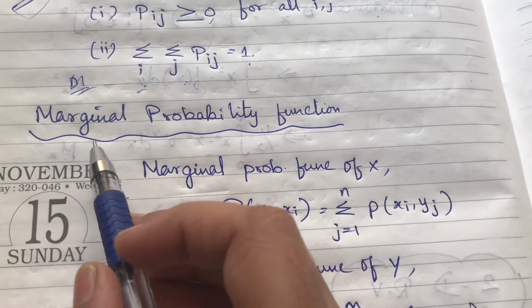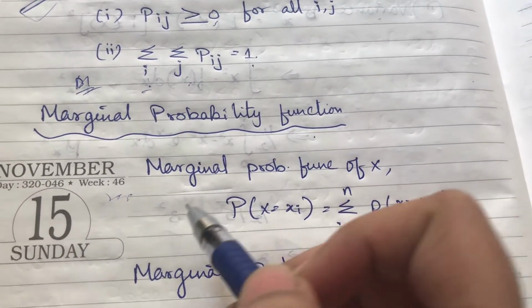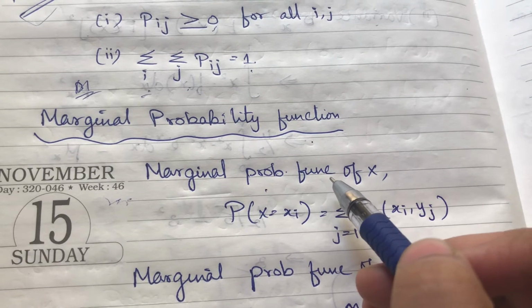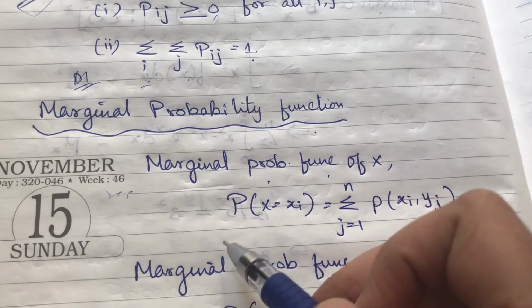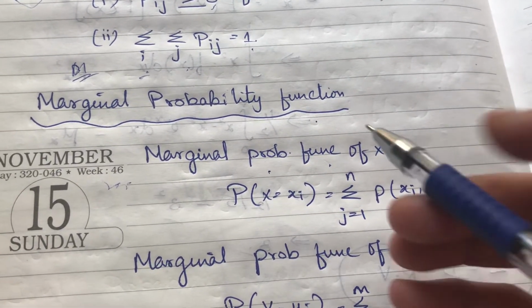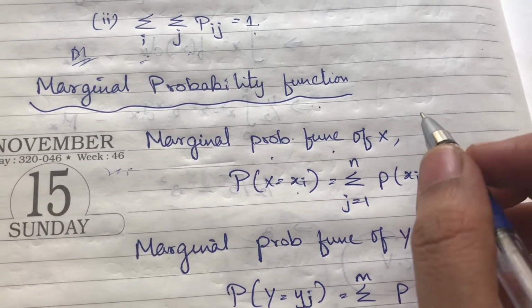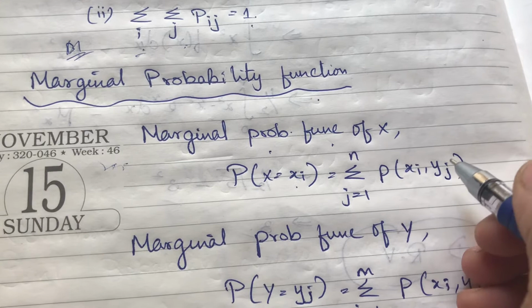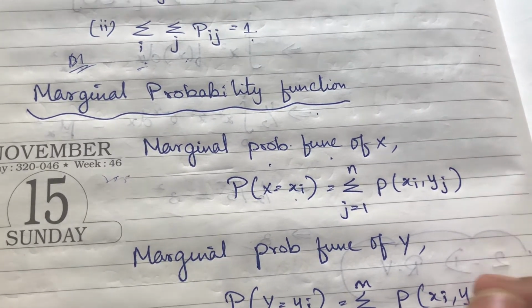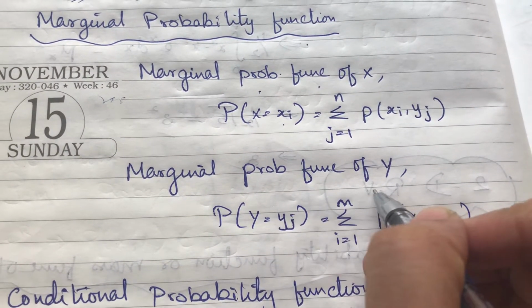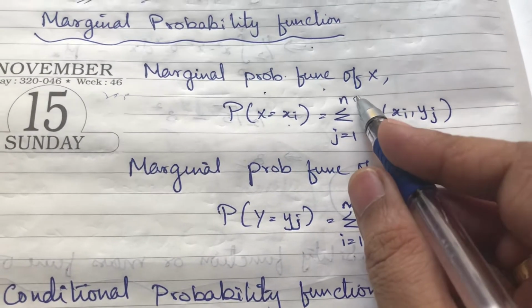The marginal probability function. Here the marginal probability function of x will be equal to P of x equal to xi, which is equal to the summation over j equal to 1 to n of P of xi, yj. Okay, the marginal probability function of y. So this is for x.